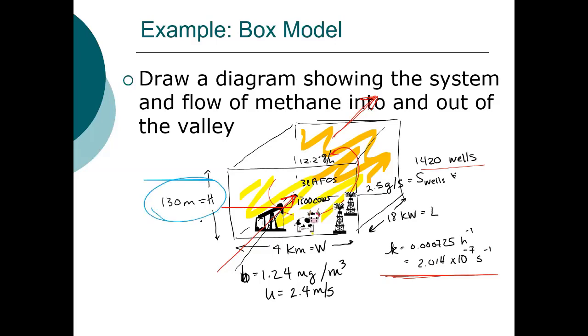So that corresponds to the height. And the width of our valley and the length of our valley won't change because it's the valley. So the only thing really that could change in this situation is that height of that inversion layer. But since we've assumed that it is unchanging, then that means that the volume is constant.